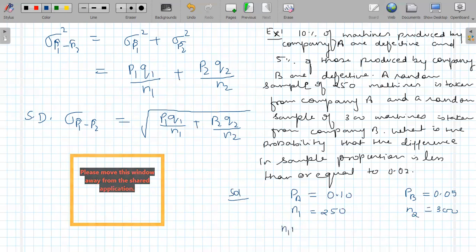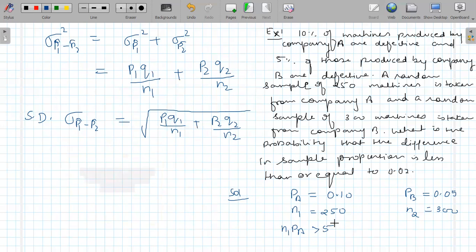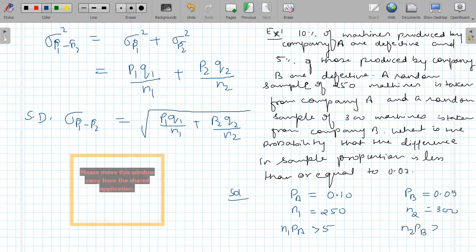So we check N1PA का product greater than 5 है या नहीं. So it is greater than 5. And N2PB is also greater than 5.